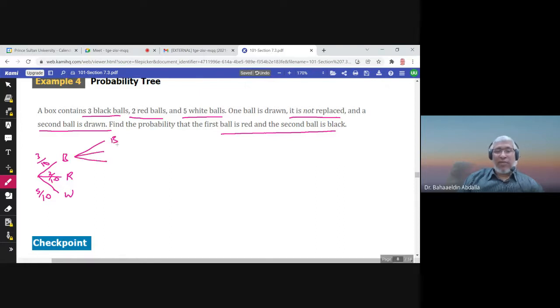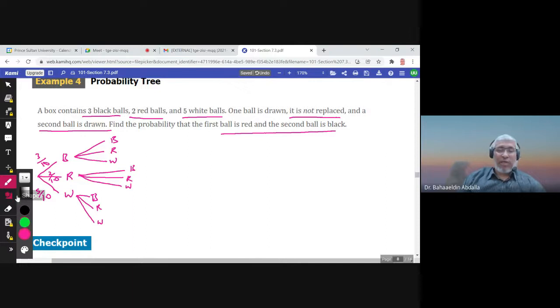Again, the second ball could be black, red, or white. Here also, I could have the second ball black, red, or white, and also black, red, or white. And all of the probabilities now, which I'm going to write, are conditional probabilities.